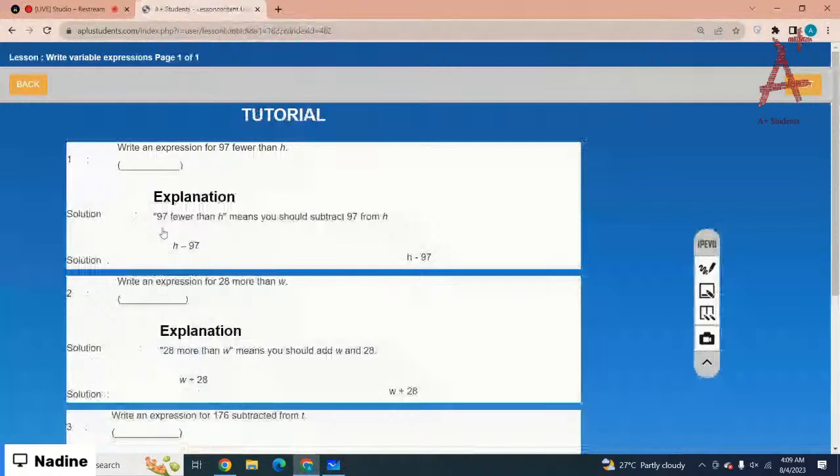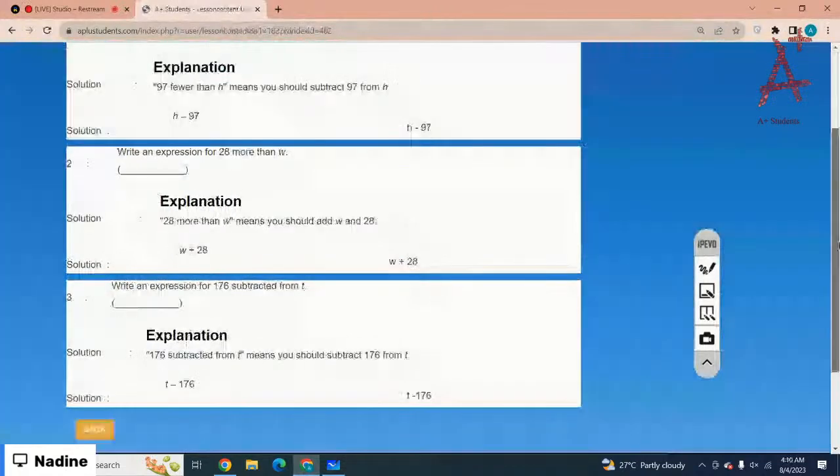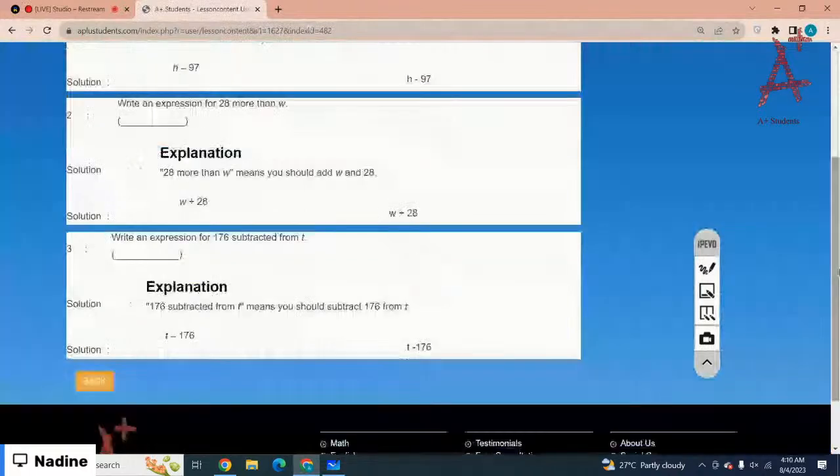The next one is write an expression for 28 more than w. So 28 more than w means you have to add, it would be w plus 28, right? The next one is write an expression for 176 subtracted from t.